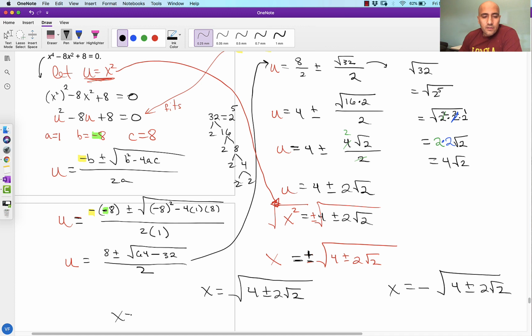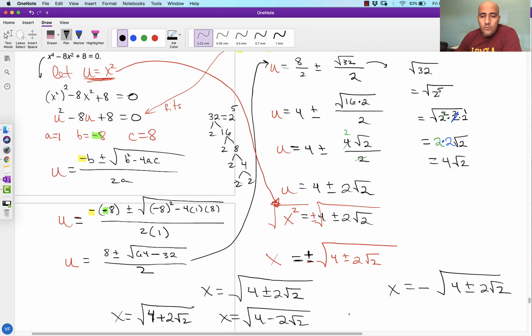Either x equals the square root of 4 plus 2 root 2, or x equals the square root of 4 minus 2 root 2.